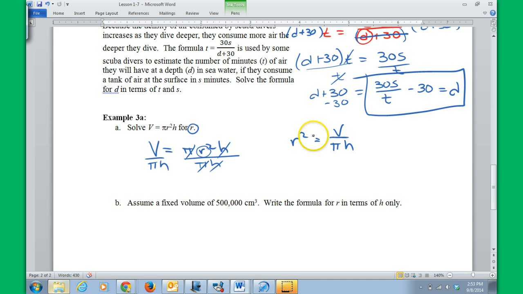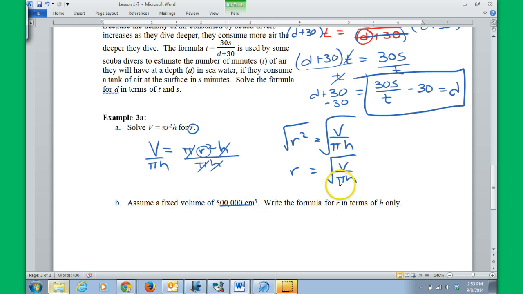I have an r squared, so what's the way I get rid of a square? Square root both sides. So then I have r equals the square root of V over pi h. Part B really is just replacing the variables with the numbers here. Assume a fixed volume.